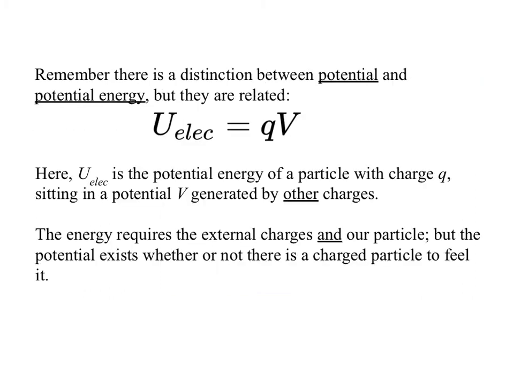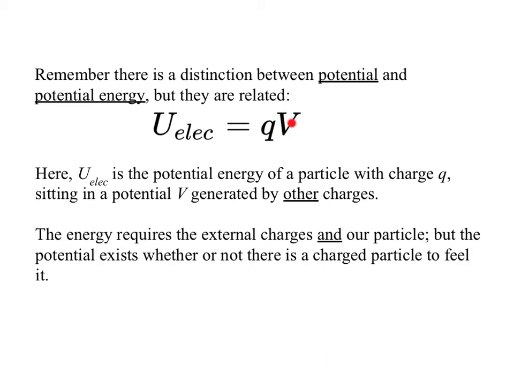Remember, there is a distinction between potential and potential energy. It's not great. We didn't pick the world's best terminology here, but we're sort of stuck with it. The two are related by the fact that the potential energy, U electric, is just the charge times the voltage. All right, the potential energy of some particle whose own charge is Q inside a potential set up by some other external charges.